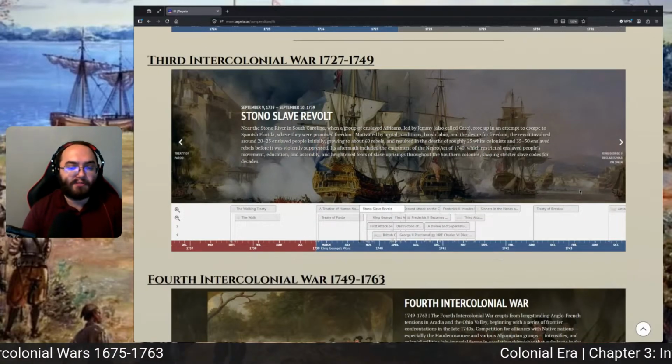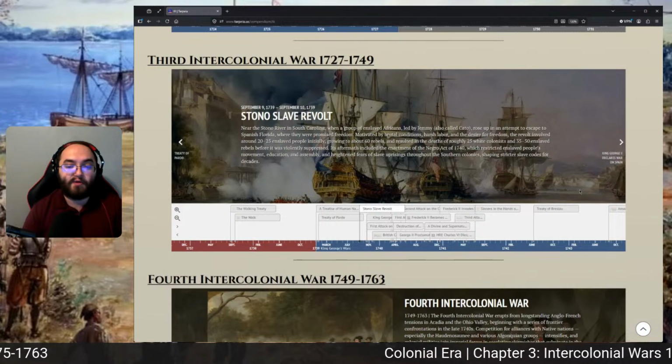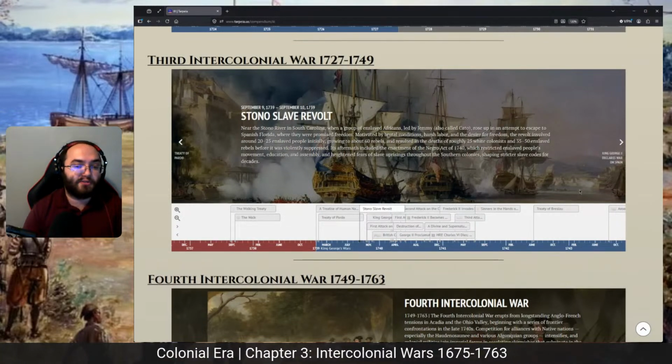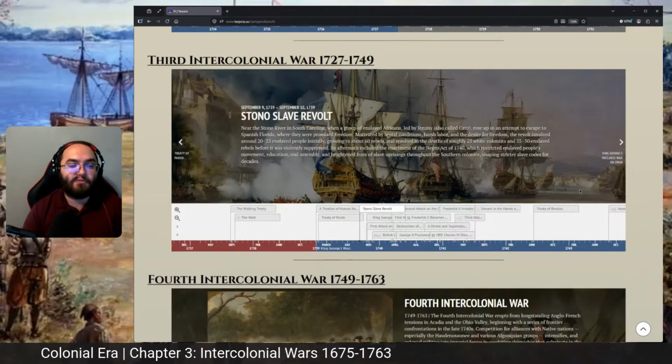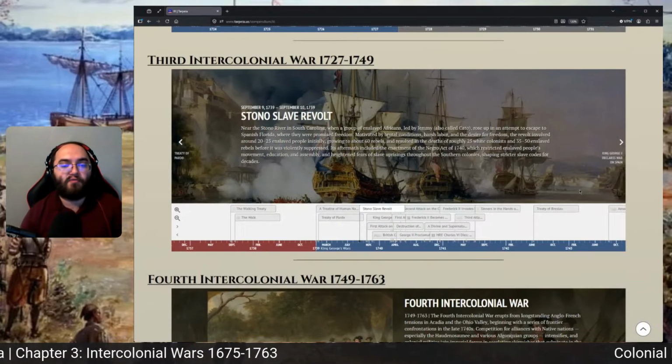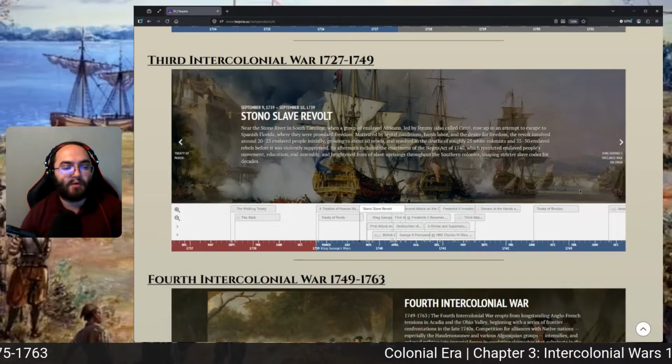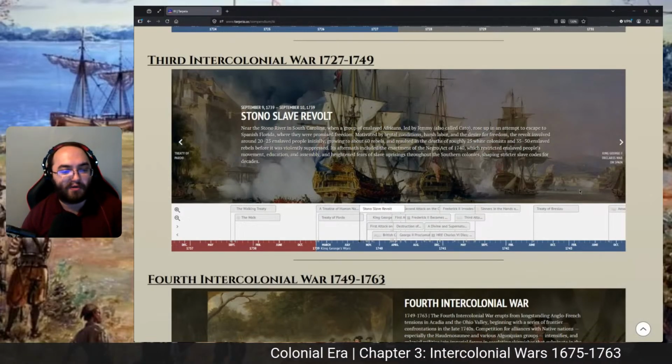Motivated by brutal conditions, harsh labor, and the desire for freedom, the revolt involved around 20 to 25 enslaved people initially, growing to about 60 rebels, and resulted in the deaths of roughly 25 white colonists and 35 to 50 enslaved rebels before it was violently suppressed.